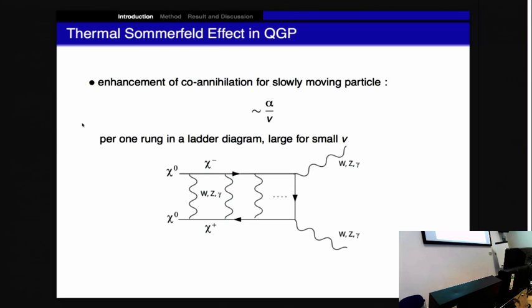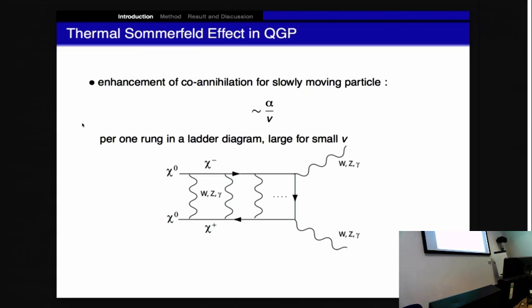And this is a typical diagram which happens in the dark matter co-annihilation scenarios. So our result can be applied to dark matter co-annihilations, and we are working on extending our result to that problem at the moment.